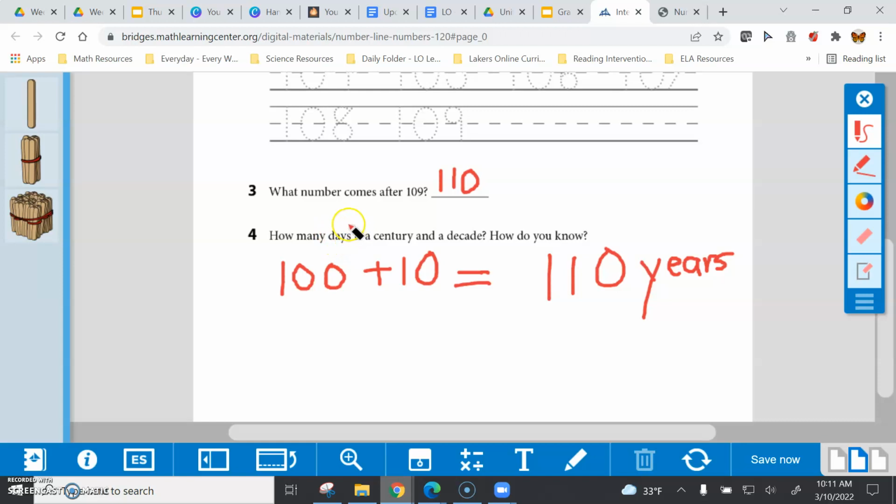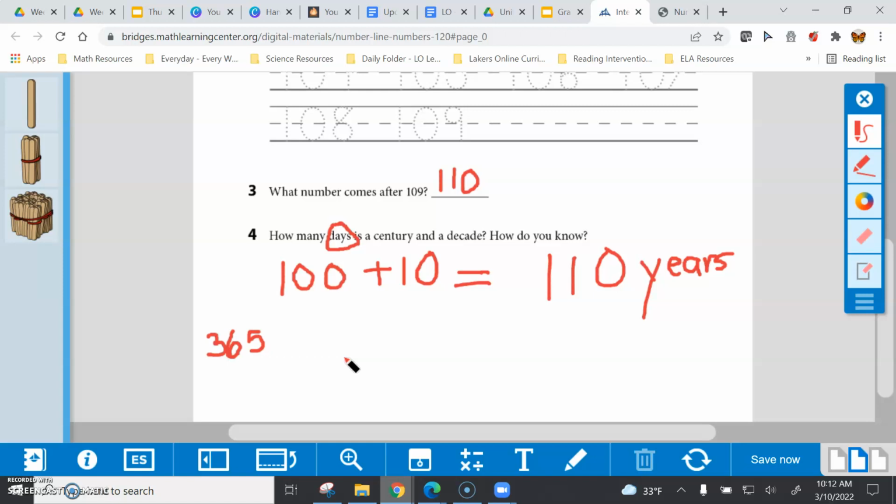Now, they put the word days here. I don't know if they meant to do that or not, but there are 365 days in 1 year. And if you're talking about 100 years plus a decade, that's a lot. Believe it or not, that would be a really big number. Are you ready for it, all stars?